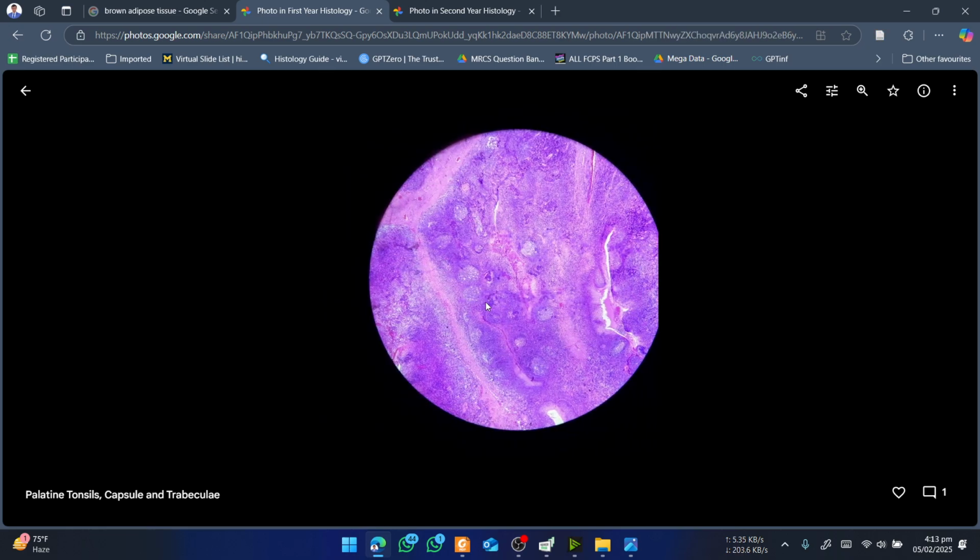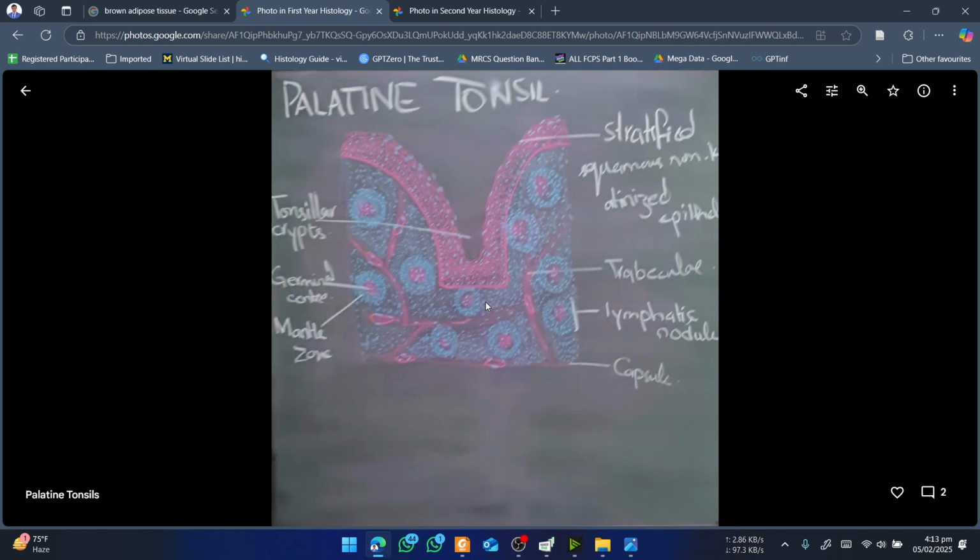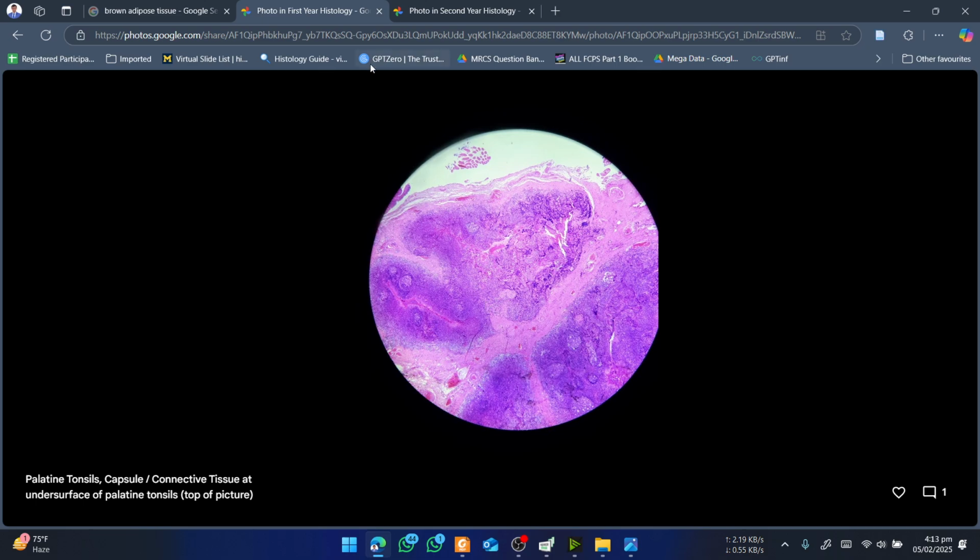So this is the nodule, this is the zoomed out picture, and in the opposite end you may see a capsule. If you get a slide focusing on its back aspect, this is the point where it was dissected out, and this is the capsule part, which is not epithelium, but you don't see any subcapsular space as you saw in the lymph node.